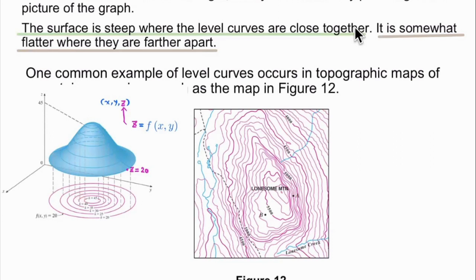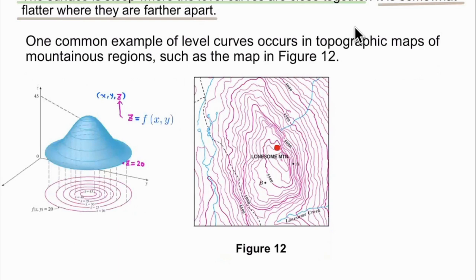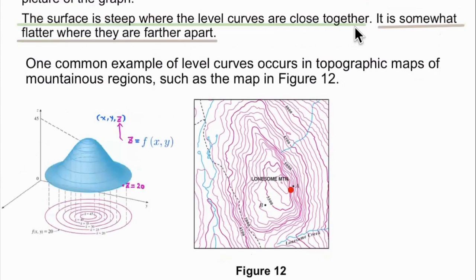So the spacing of the level curves indicates the steepness of the graph. Here the surface will be steeper, and here the surface will be flatter because the level curves are further apart. So when you look at those maps of mountain regions, by looking at the spacing of those level curves, you can tell the steepness of the mountain.